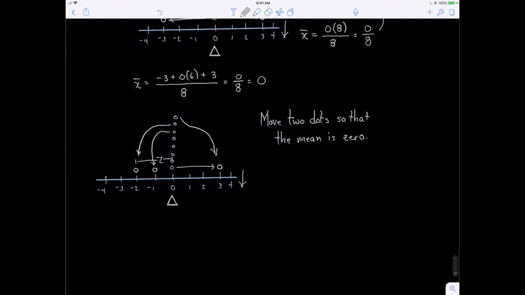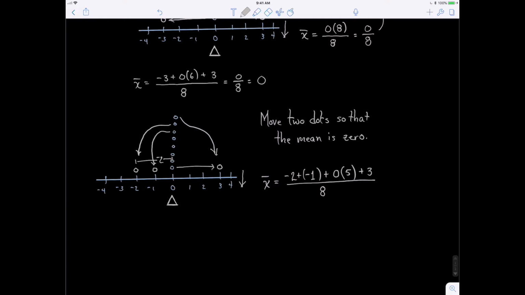That's -3. So now I have 3 units to the left and 3 units to the right. And we can double check this. This says x bar is a -2 plus a -1 plus 0, and I have 5 of those, plus a 3.